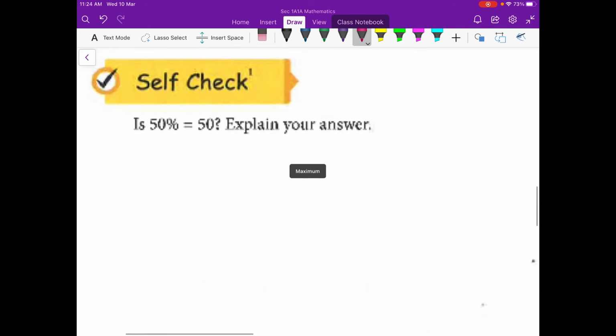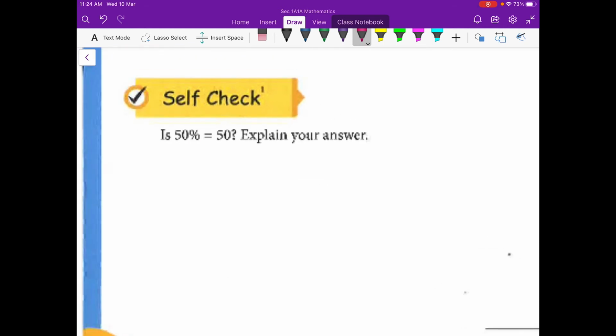Now I want you to answer this question. Self-check. Is 50% equal to 50? Who thinks no, they are not the same? Raise your hand. Okay, then why not?